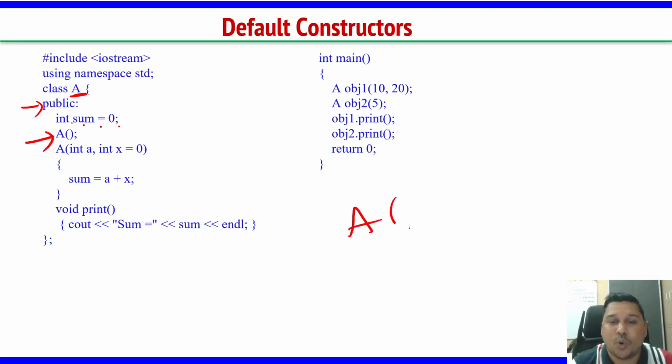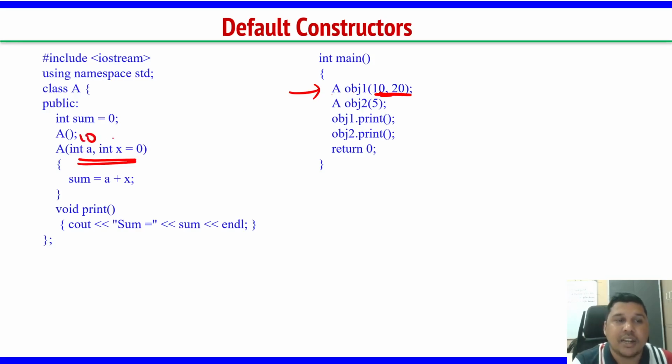This A open bracket and semicolon is the default constructor. See, A object 1 with 10 and 20, a default constructor with some default values. So 10 comes here, 20 comes here, sum equals A plus X. So sum becomes 30.